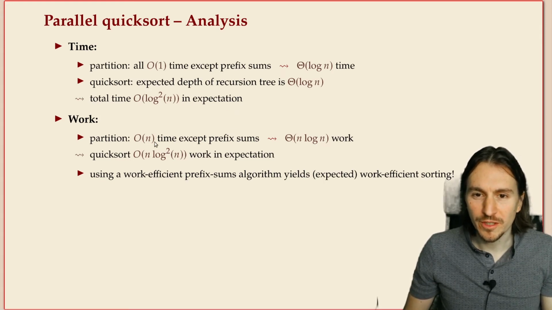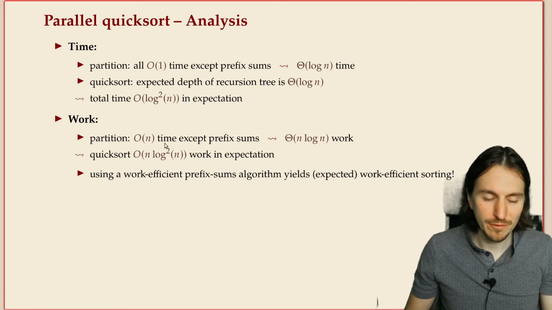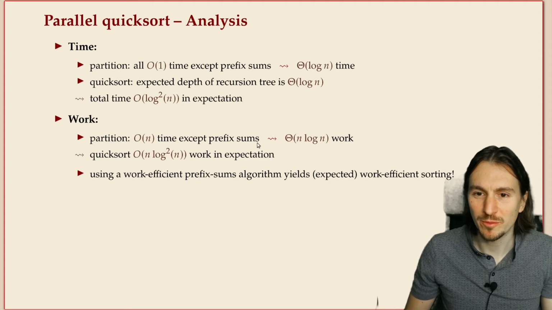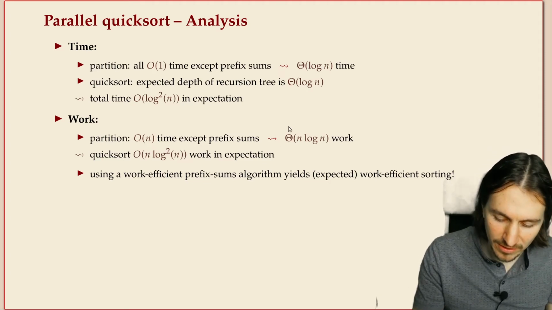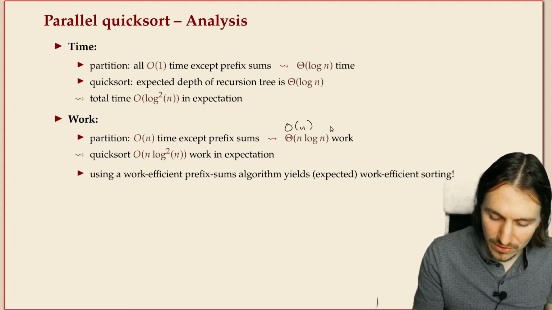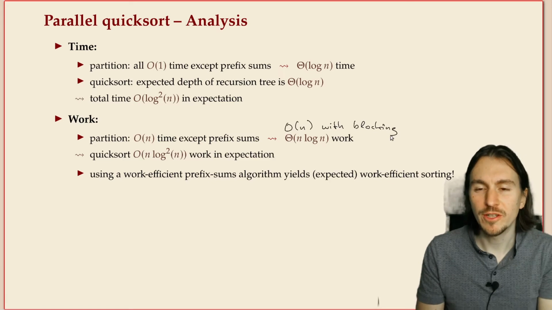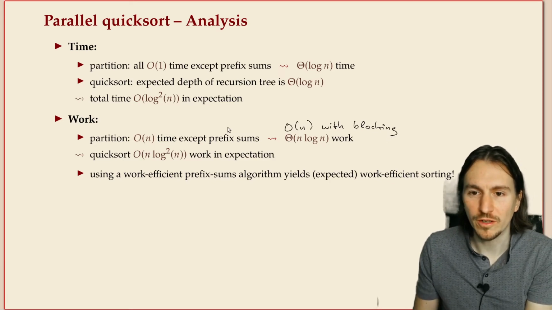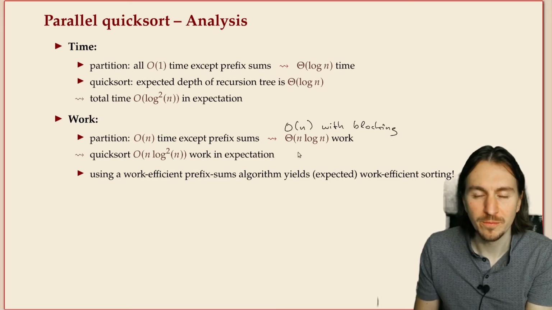And for the work, the partitioning call is very simple except for prefix sums. And we know how to do this with blocking. So you can reduce the amount of work also for the prefix sums to linear.